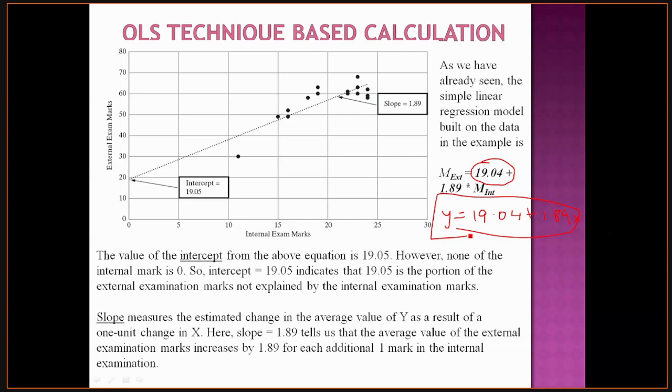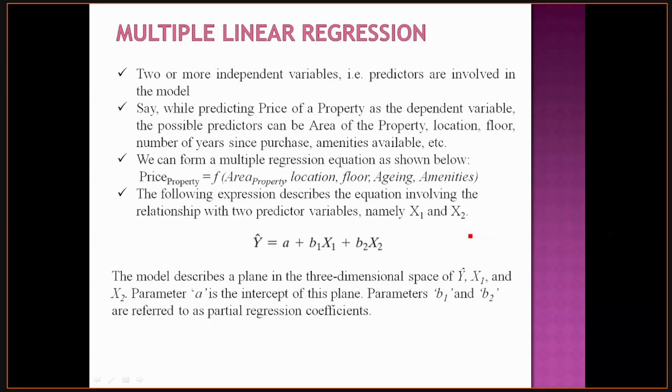Now, when I go for a multilinear regression, say for example, the price of a property where you might have different predictors like the area, location, floor, aging, amenities, and for each of them we have a value. Then how do we do that? Same thing, we just have a change.